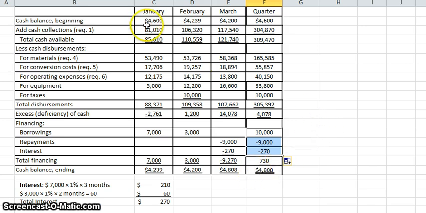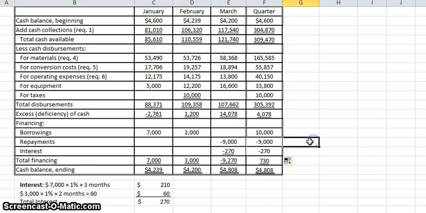Now, if you try to just add everything all the way across, it will end up balancing, but your numbers on the quarter column will be off. So if you add all your beginning balances and all your ending balances, it will end up cross-footing, which is adding across and down, but it won't make sense.